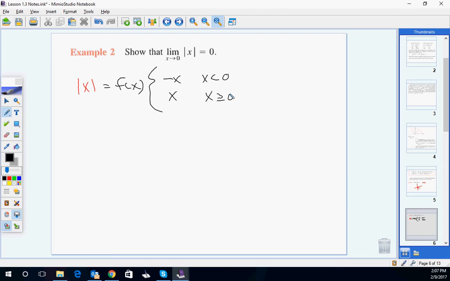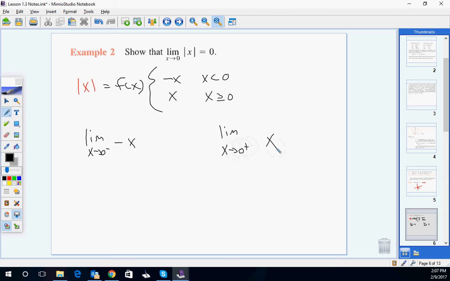So we need to take the limit of these two. We need to take the limit of negative x from the left side, the negative side, because we're coming from the negative. And then we need to take the limit of positive x from the right side.